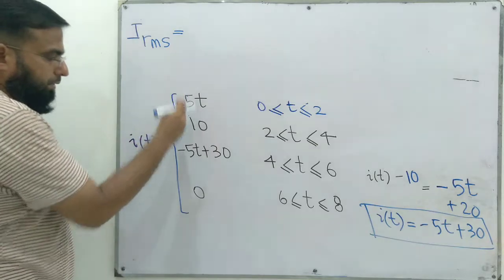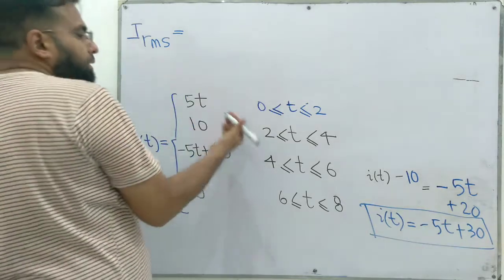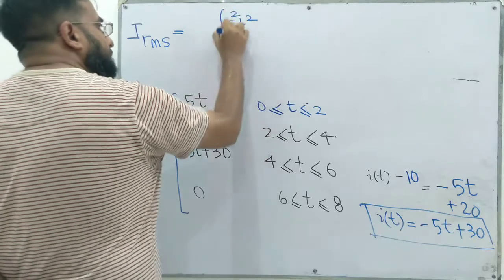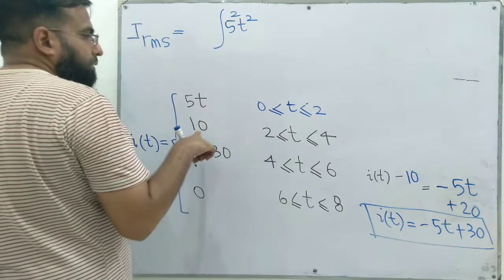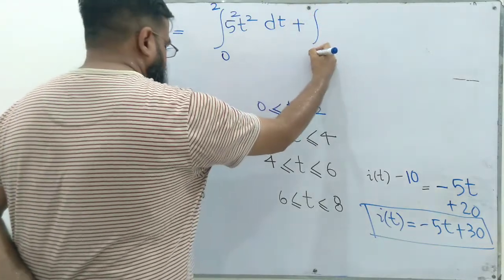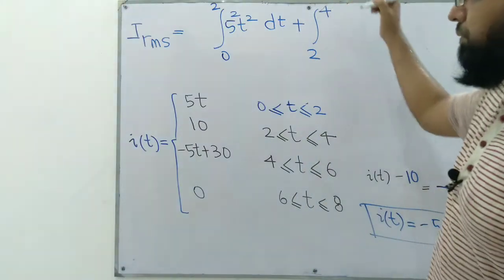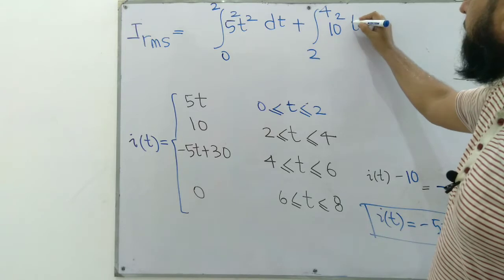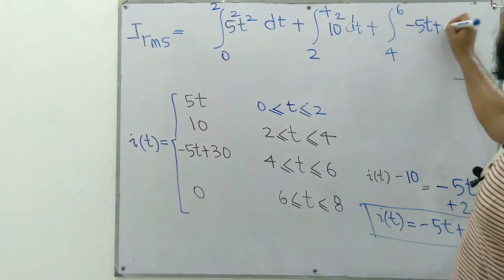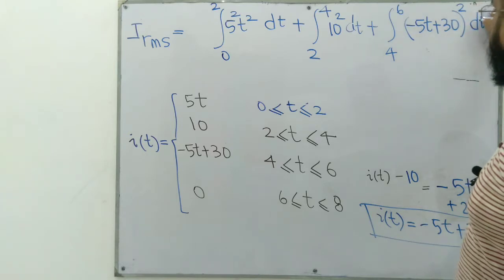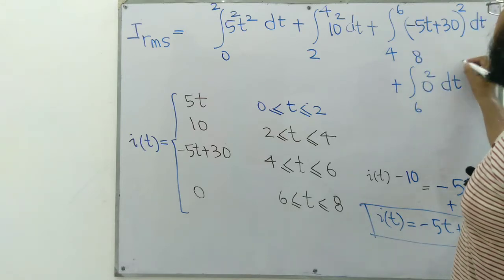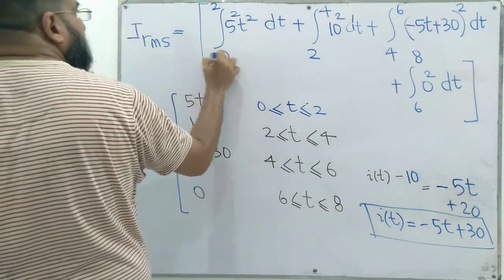First we square the signal, but since the signal is distributed in 4 portions, we'll square each individual portion. 5 squared, t squared, and then mean, computing it from 0 to 2 dt, plus then from 2 to 4, this is 10 squared dt, plus then from 4 to 6, this is minus 5t plus 30 squared dt, then plus from 6 to 8, this is 0 squared dt.